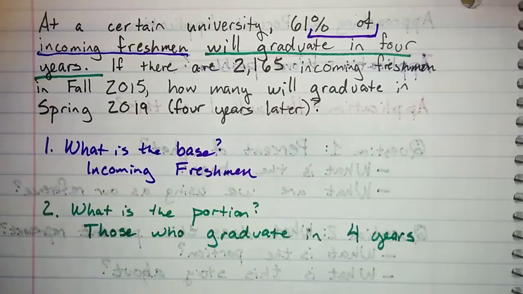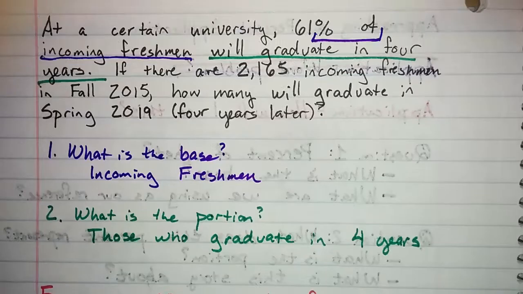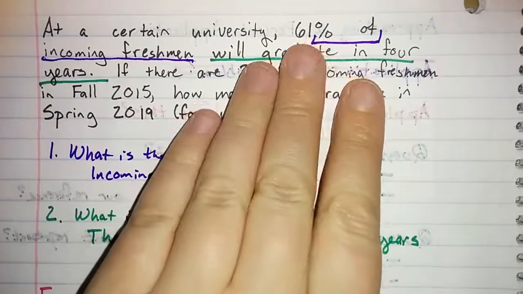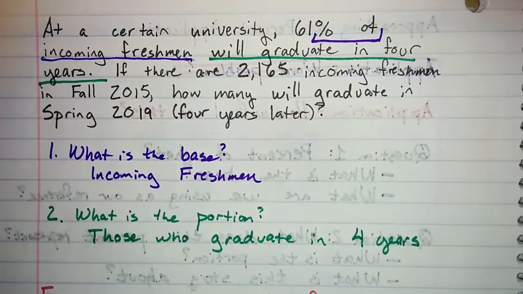So if we wanted to, we could rephrase the sentence about the percent. 61% of incoming freshmen will graduate in 4 years means for every 100 incoming freshmen, 61 will graduate in 4 years. So now that we understand what this percent is saying to us, we can think about this specific question about it.